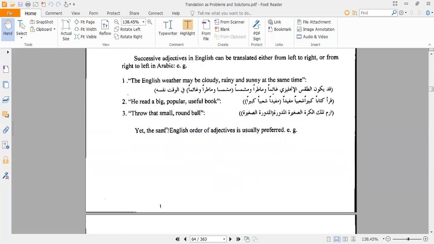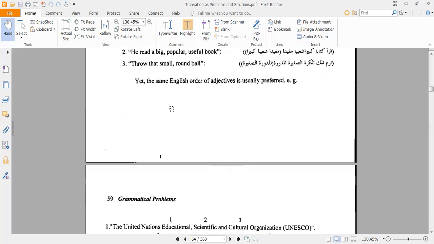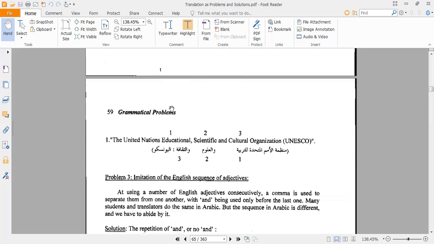So here we have two possibilities. The two possibilities are acceptable. We can translate from right to left, or we can translate from left to right. Okay.